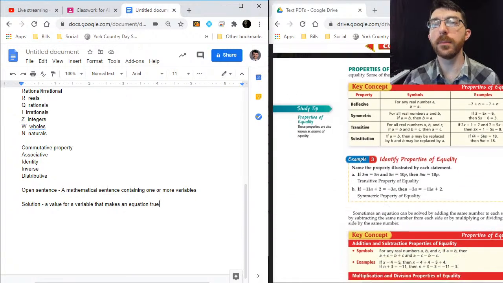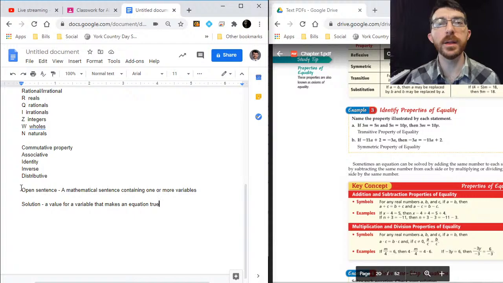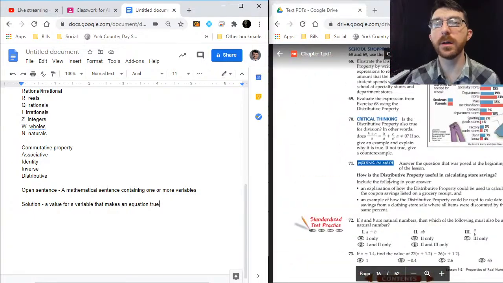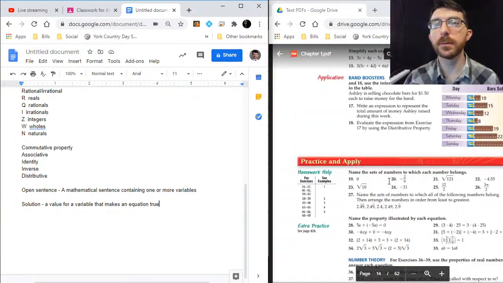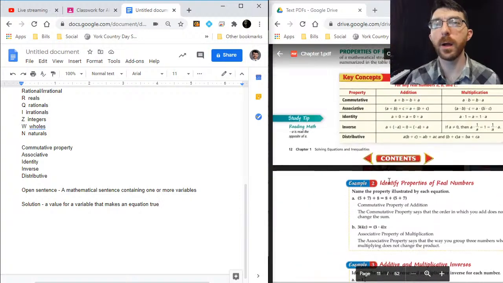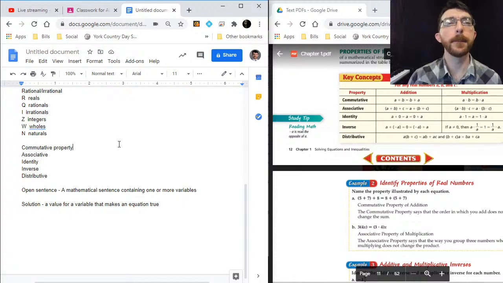All right. Properties of equality. So let's see. Let me make sure I categorize these right. These are number properties. Where? Oh, here we are. Yeah, number properties.